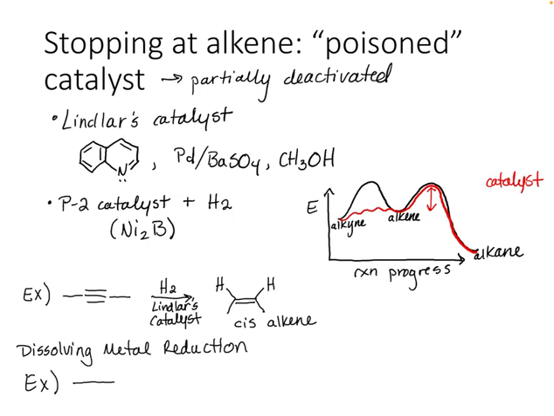So in that situation, we use pure sodium metal and ammonia, and we're actually using liquid ammonia, so I'll add a little L in parentheses there. And this is actually going to give us the trans alkene. So the hydrogens add opposite each other.